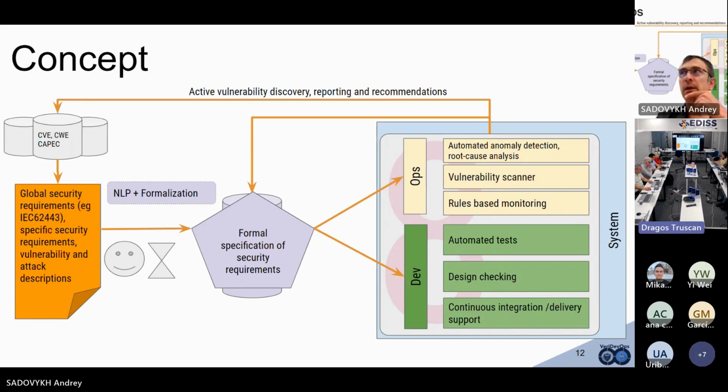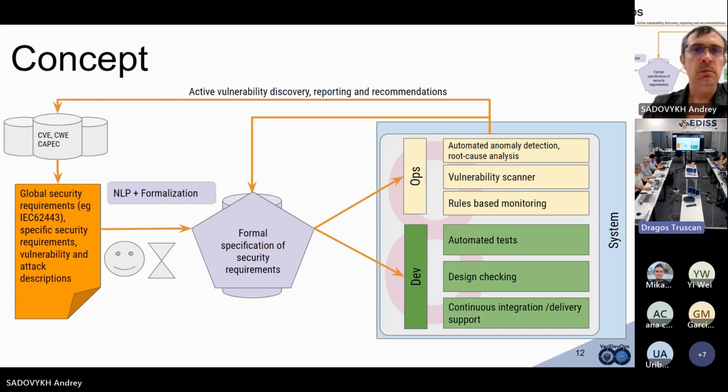We want what we obtain as guidelines for localizing various vulnerabilities, developing specific functionalities in accordance with security rules to be formalized in such a way that we can automate scanning for vulnerabilities, automate monitoring, automate detection of anomalies in system behavior, but also on the development side, automate tests, design checks, and integrate everything into CI/CD practices.